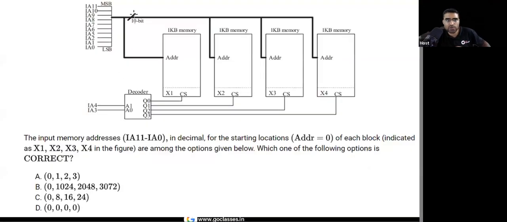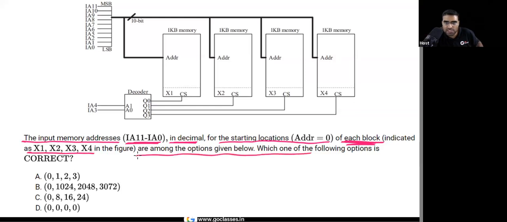Now what else is given to you? What is this question asking? Look at the diagram that is given to you. Read the question carefully: the input memory addresses A11 to A0, in decimal, for the starting location of each block indicated by x1, x2, x3, x4 are among the options below.